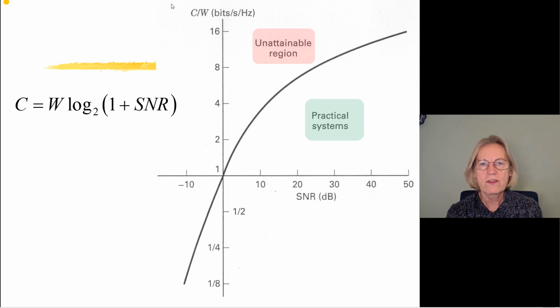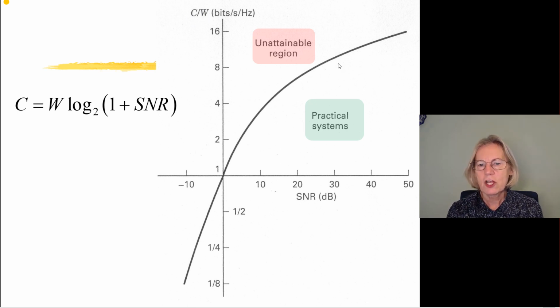Notice, first of all, that in the y direction we have the units, which are bits per second per hertz. And so, of course, these are the units of spectral efficiency because we're talking about the capacity, the maximum number of bits per second, divided by the bandwidth.